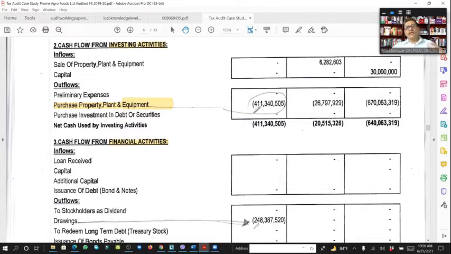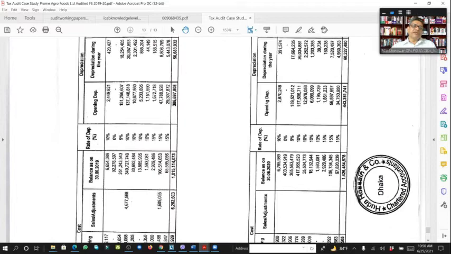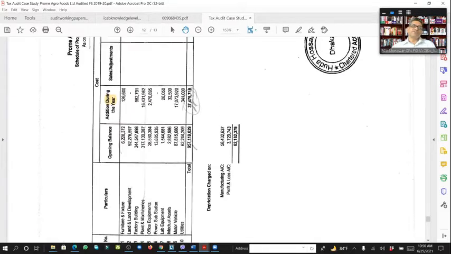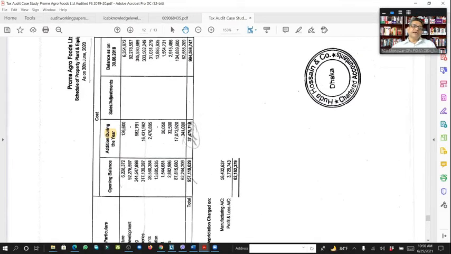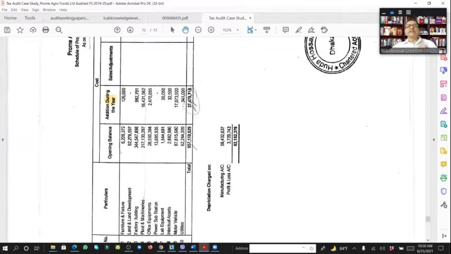So how will it be interrelated with the financial statement? That amount, if we see the property plant and equipment statement, look, it is the addition during the year, here 3 crore 74 lakh. This statement is interrelated with that payment.